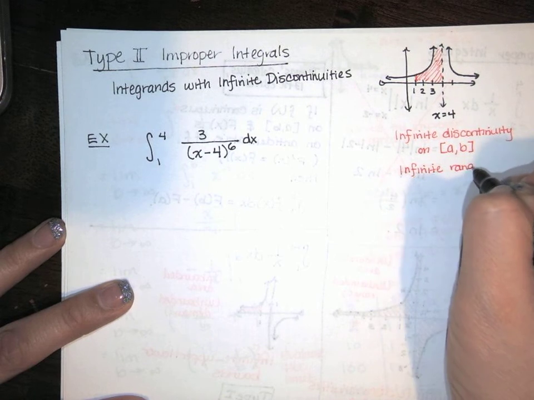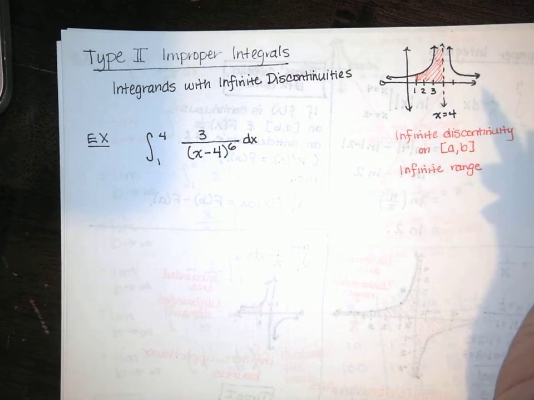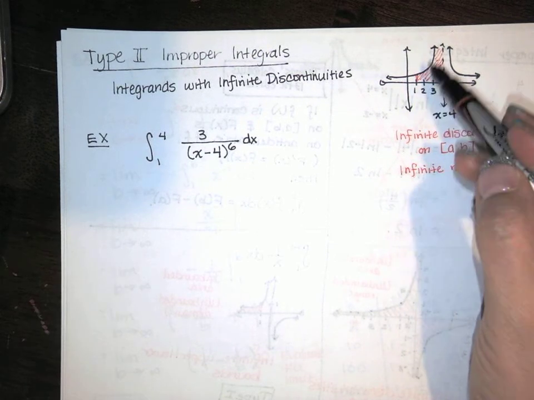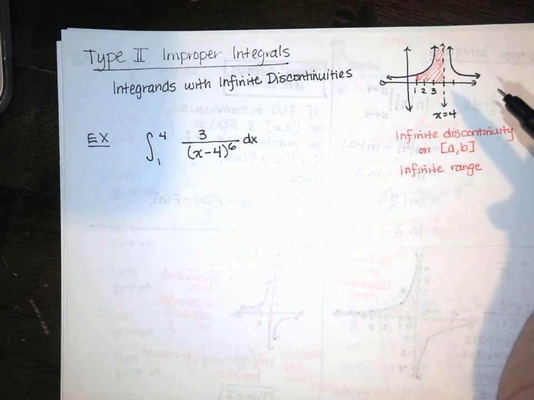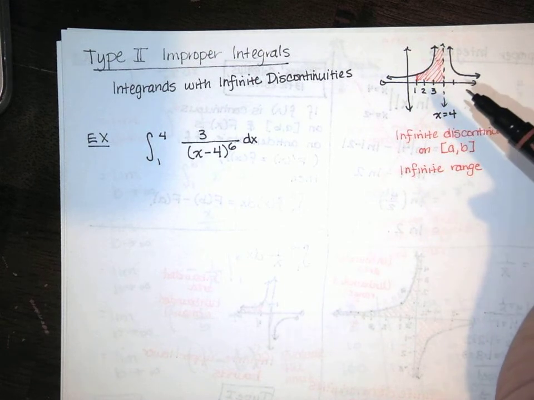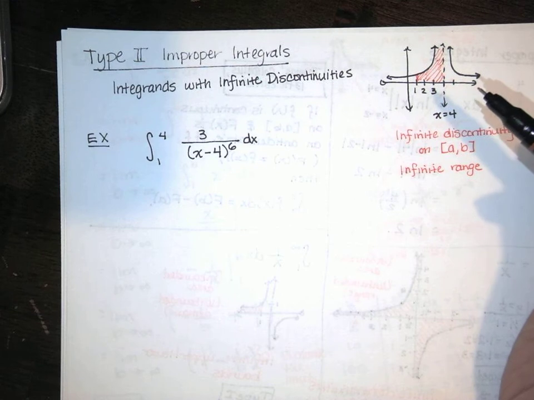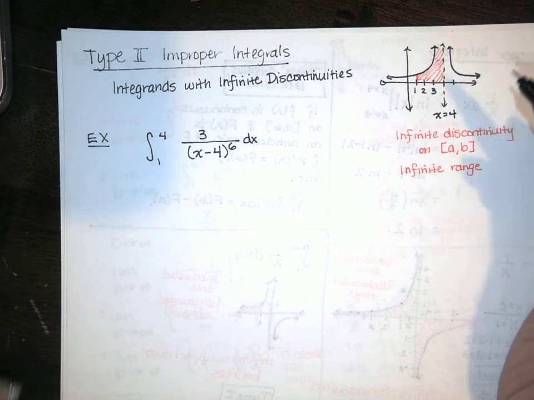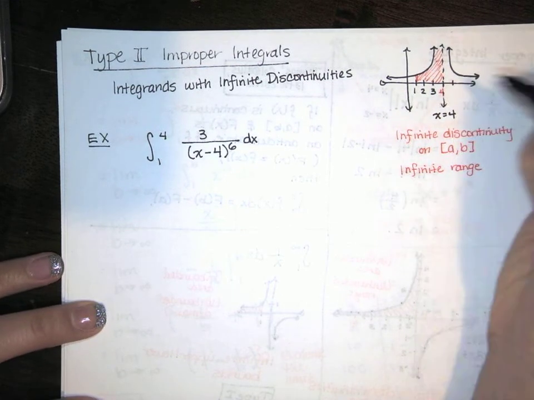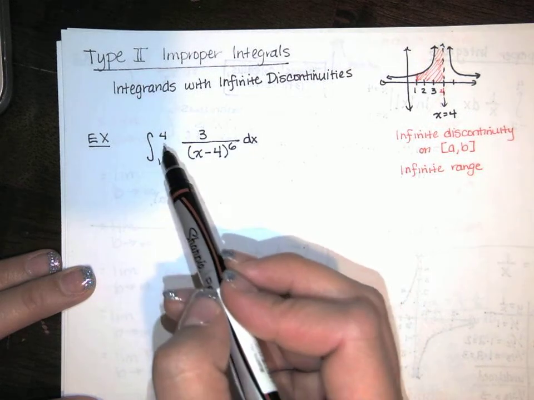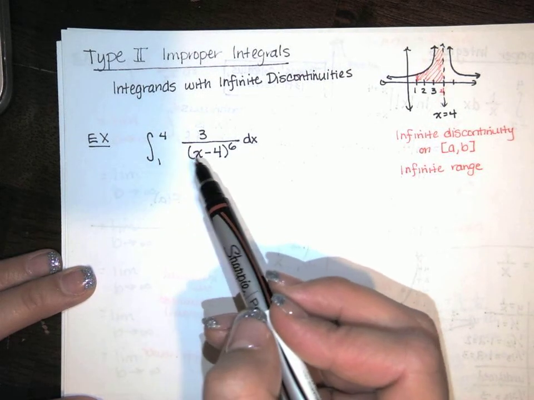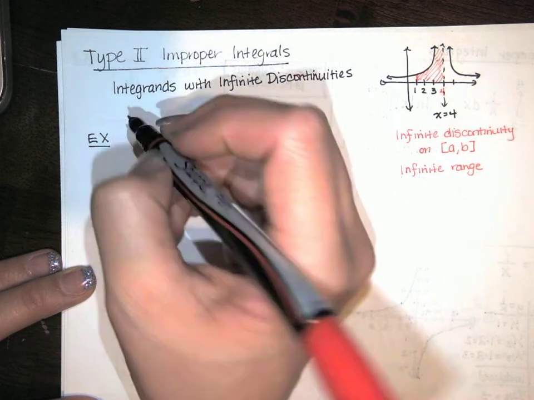The other problems we were looking at were functions with infinite domains, but we've got an infinite range here. So that makes that area unbounded. We're going to do the same thing that we did before. It's just a little bit harder to tell where the problem is. So I look at my integrand and I say, is this well defined on this interval? It's not. We've got a problem at 4.